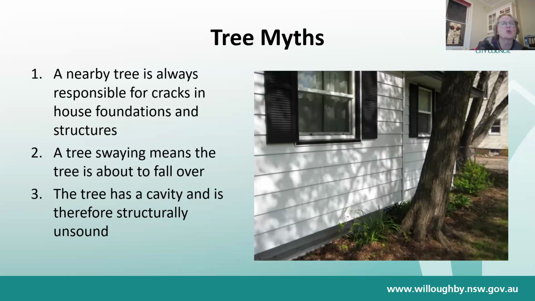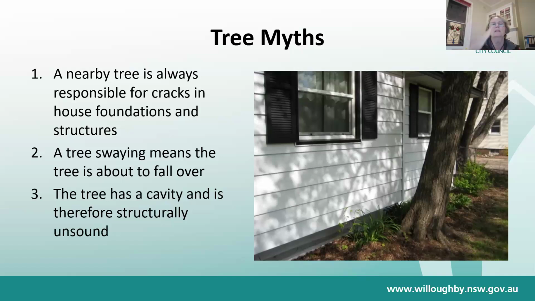So trees swaying, that the tree is about to fall over. Absolutely not. Trees have to move. They have to, and they do that to dampen energy. Now, when I talk about energy, that's from the wind blowing on the trees, and that big canopy sail area has to dissipate that energy.